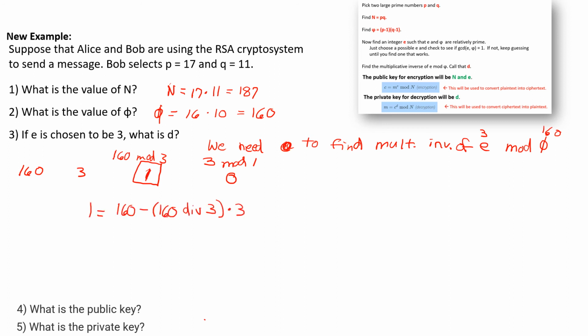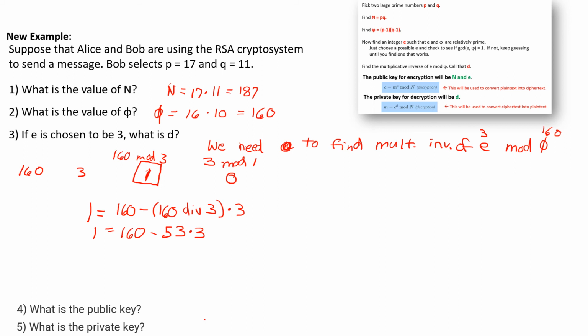So we'll use that little pattern where we write 1 as a linear combination of those two previous numbers, which is 160 and 3. So it'll be 160 equals 160 div 3 times 3. And then we evaluate that div, and we have a negative 53 for that.